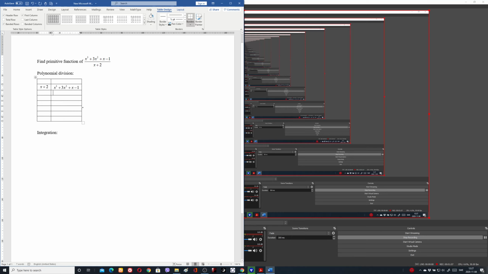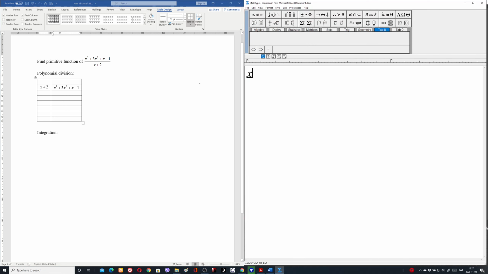Now I have to find a variable which I can multiply with this one here, and it should give x power 3. That is x power 2.